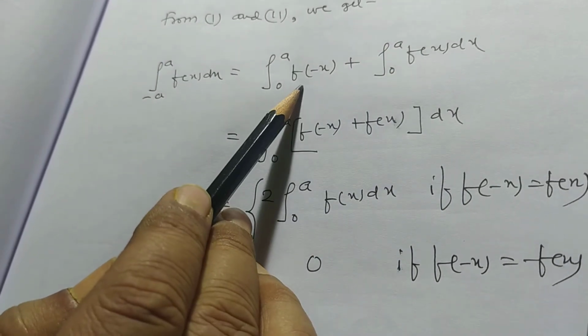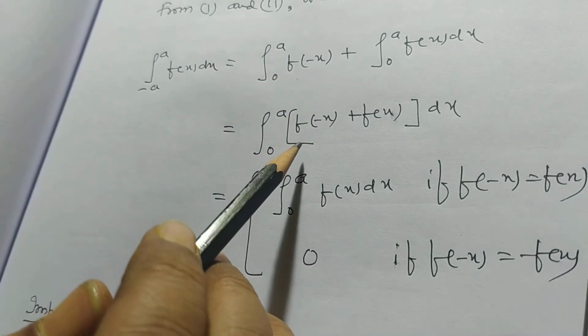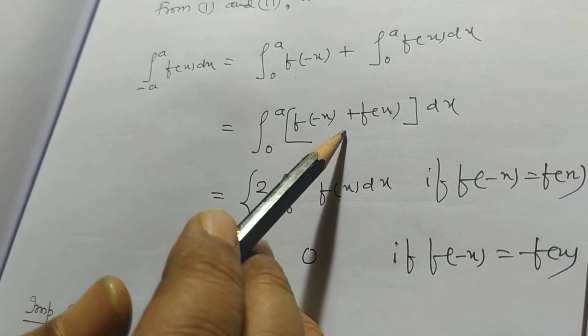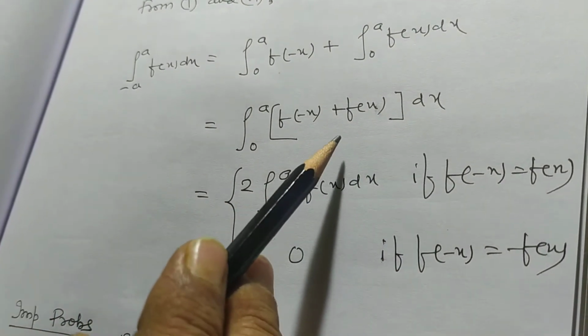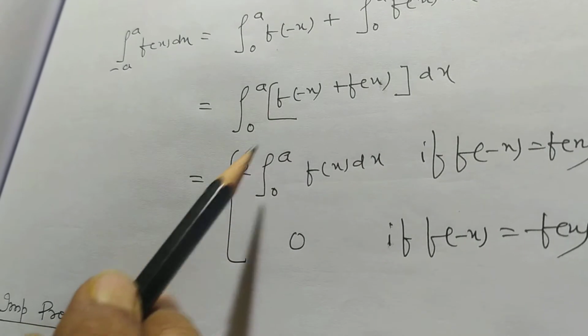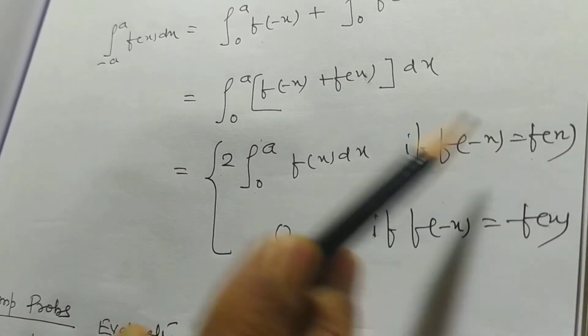We have proved I1 is equal to integral from 0 to a of f(minus x). So now, integral from 0 to a of f(minus x) plus f(x) dx, and it will be 2 times integral from 0 to a of f(x) dx when f(minus x) is equal to f(x).